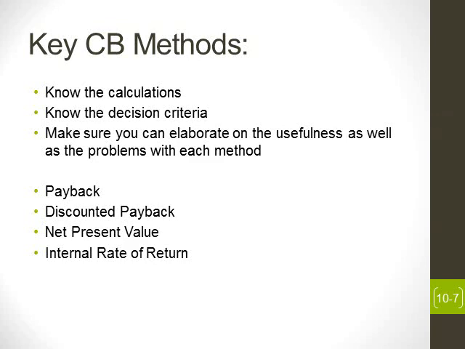We can talk about the disadvantages of a particular method, so key good points and the problems which are associated. And here we are going to take a look at the 4 key methods: the payback, discounted payback, NPV, net present value, and the internal rate of return.